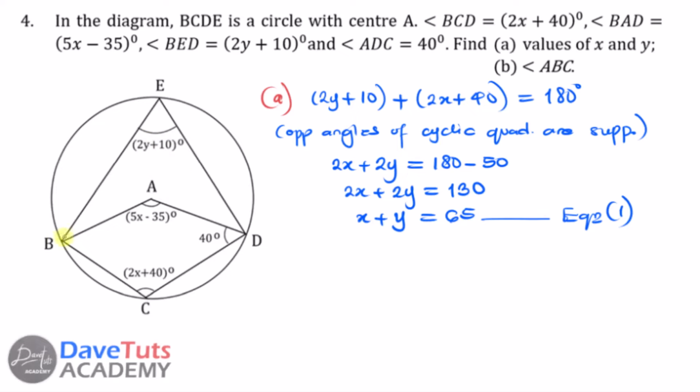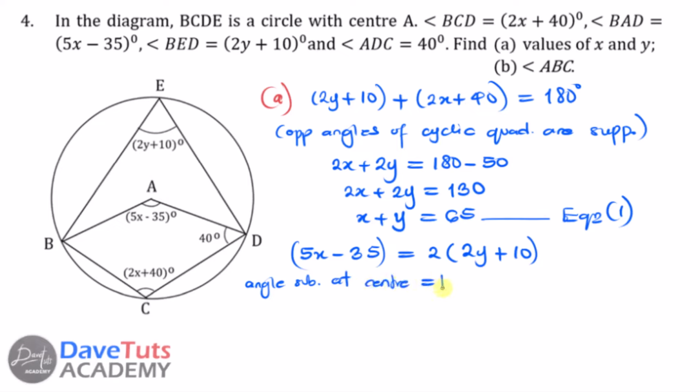So I want to say angle BAD, which is 5x minus 35, is equal to 2 multiplied by 2y plus 10. And why am I saying that? It is because the angle subtended at the center of the circle is twice the angle subtended at the circumference.